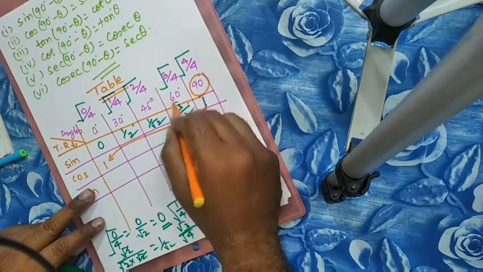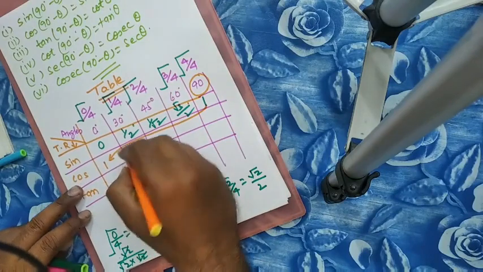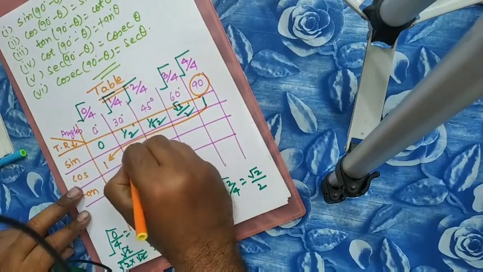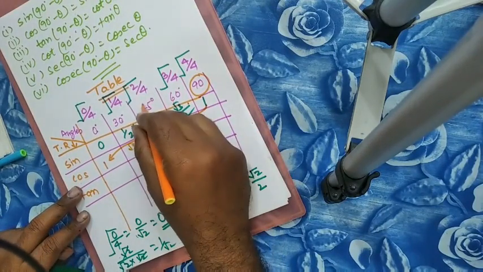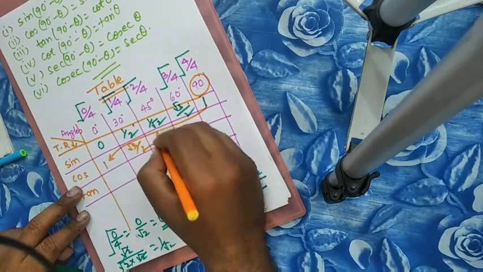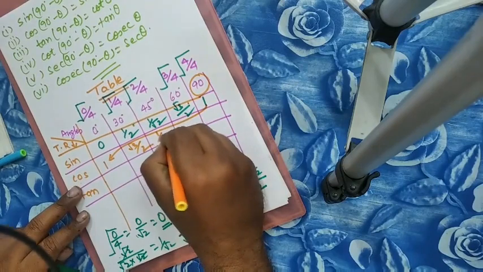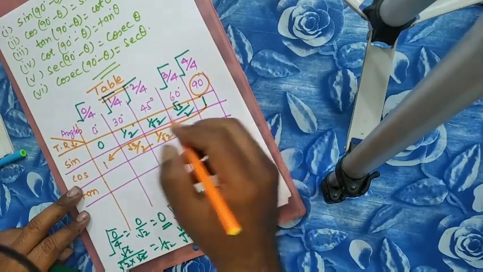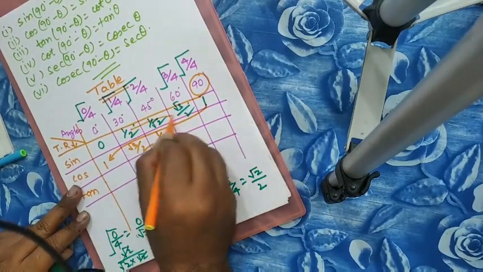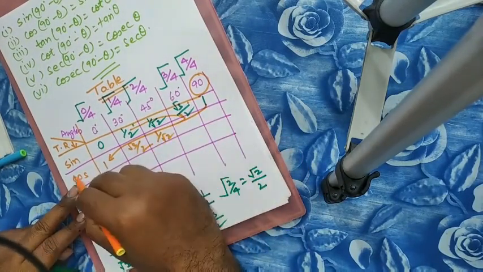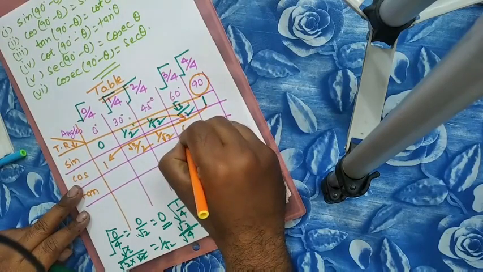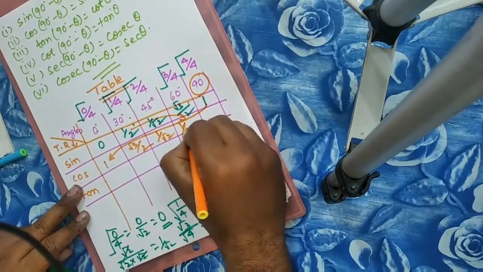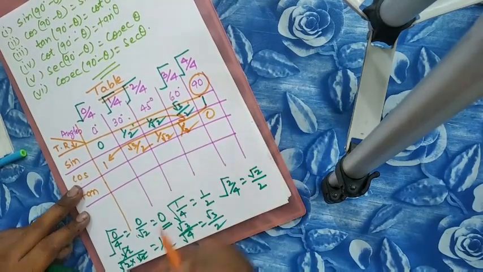So sin 60 value is root 3 by 2, so the value of cos 30 will be root 3 by 2. Sin 45 and cos 45 will have the same value 1 by root 2. Like that only, the sin 30 value will be the value of cos 60, 1 by 2, and 0.